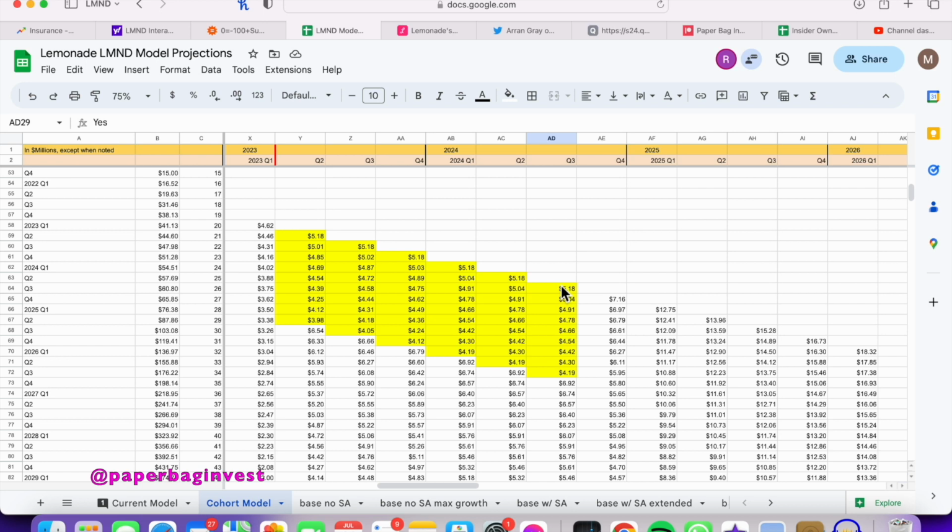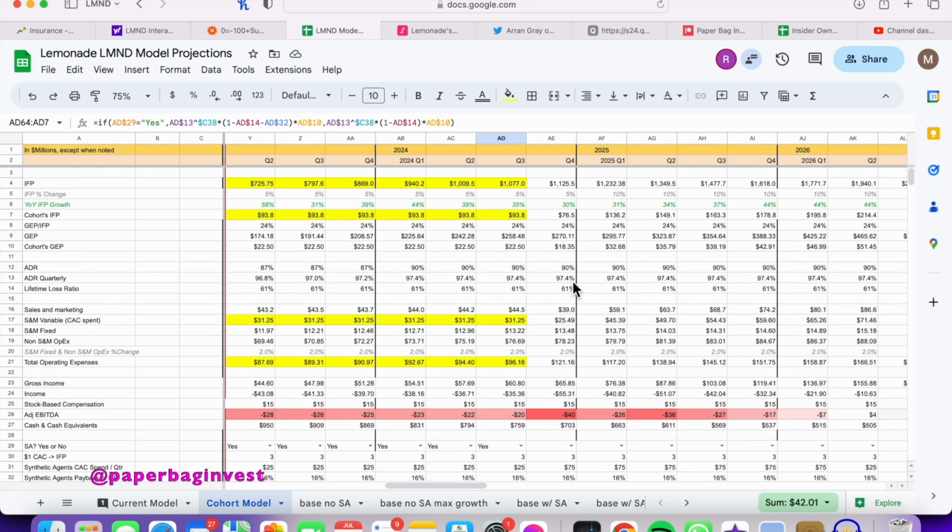And if synthetic agents are on, then I have 9 quarters down here, or about 27 months, as Domain calculated would be the typical payback period for the synthetic agents, where they're collecting 16% of the premium. So that's kind of how the synthetic agents work.